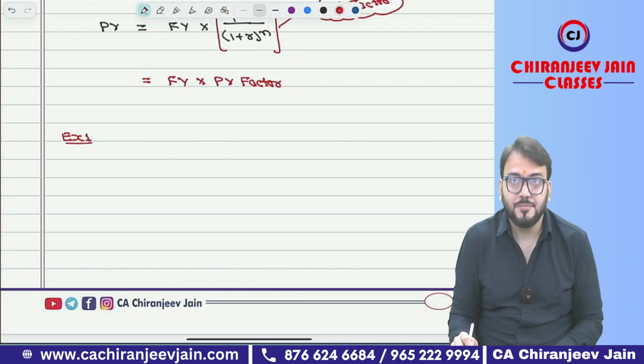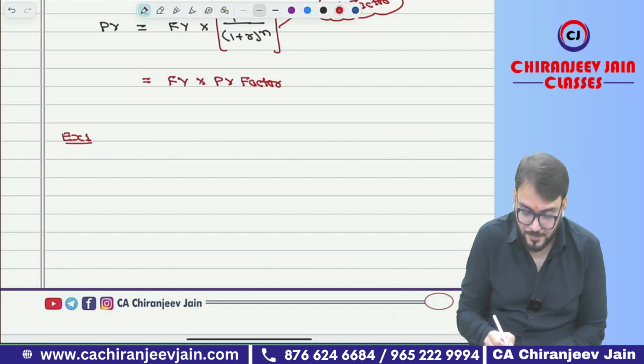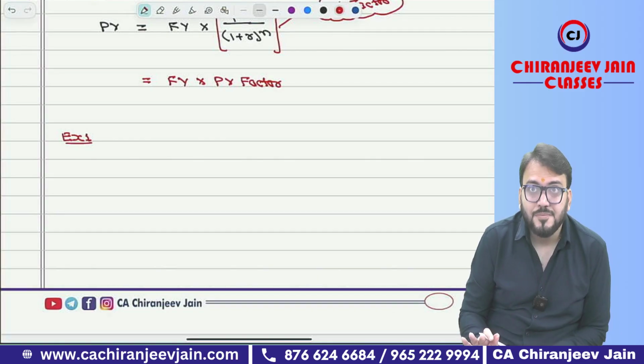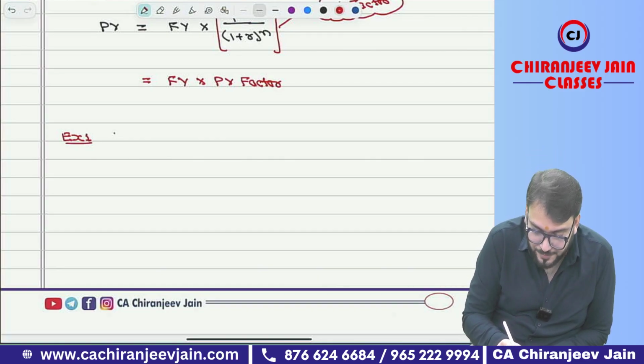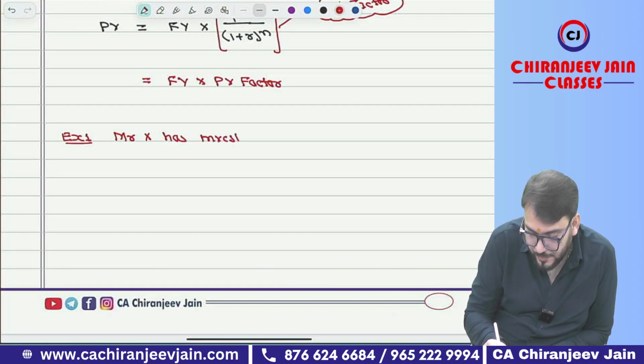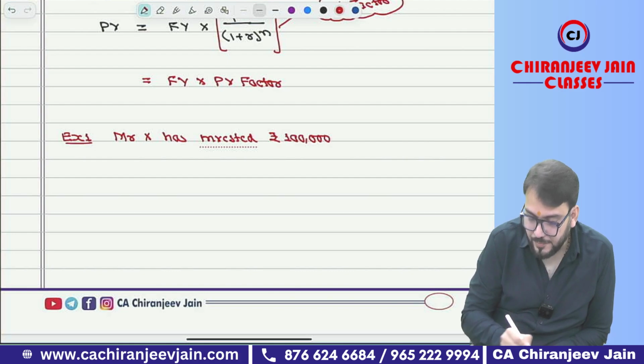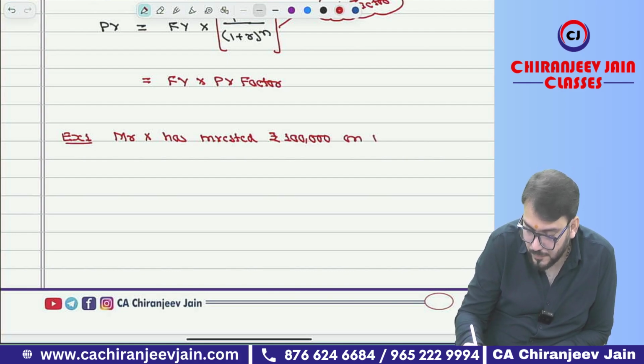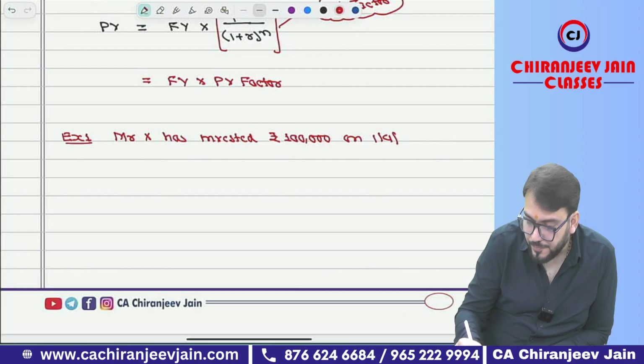Example number 1. Let me take one example. Mr. X has invested rupees 1 lakh on 1/4/2025.